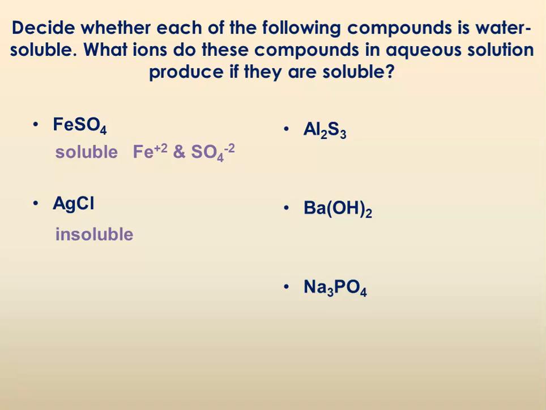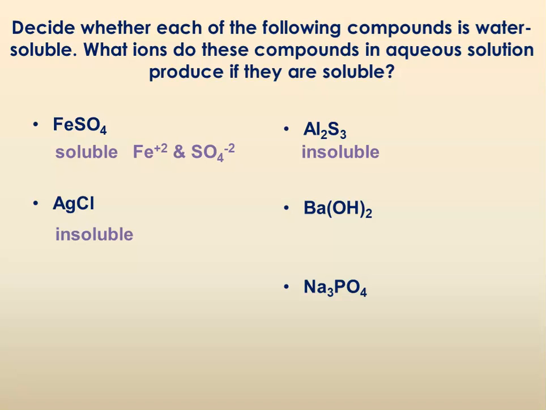The next compound, aluminum sulfide, if you look at your sulfides rule, I believe you're going to see that they are insoluble unless they are paired with an alkali metal, ammonium, or one of your group 2 alkaline earth metals, and aluminum is not one of those. So because of that, if aluminum and sulfur ions were placed near one another in a mixture, a precipitate would form.